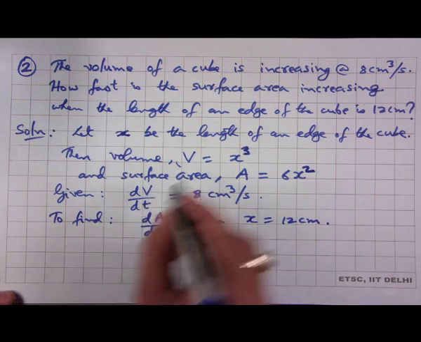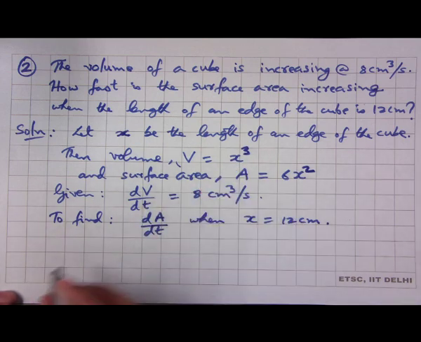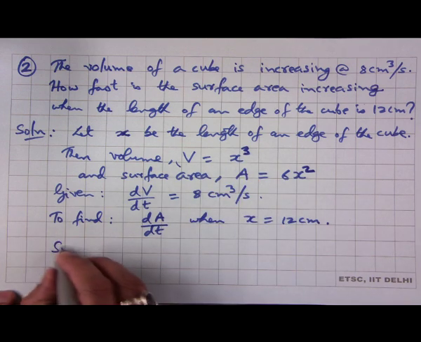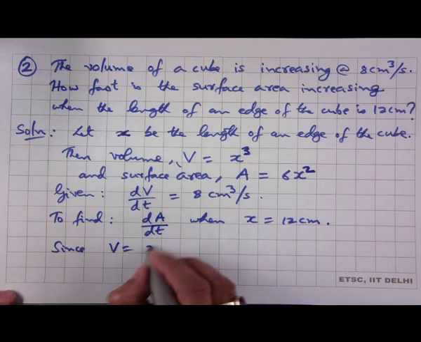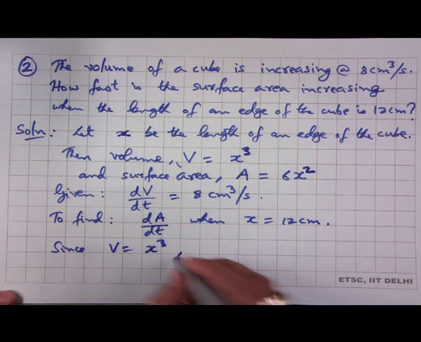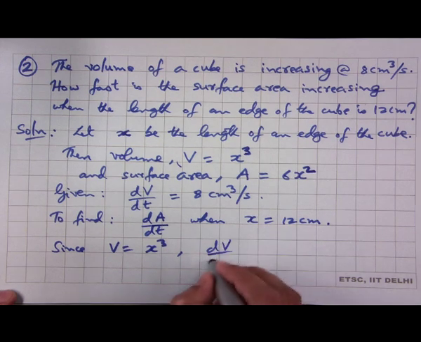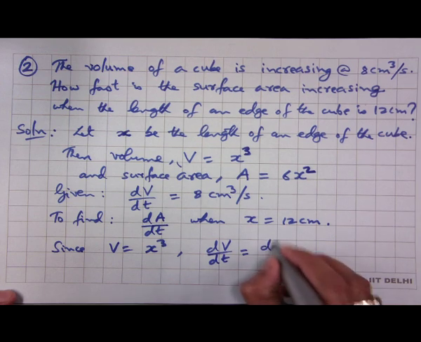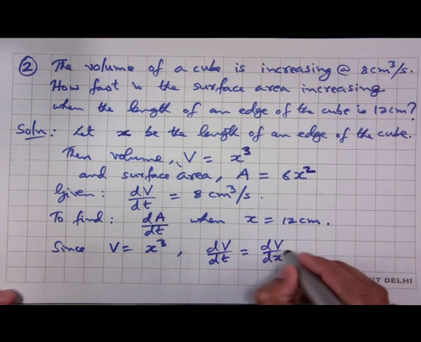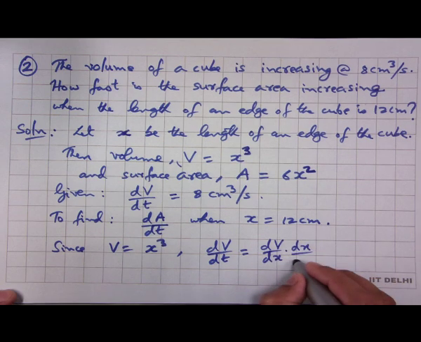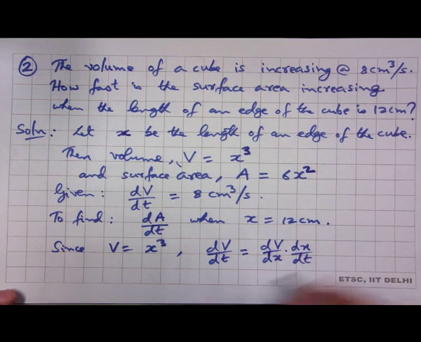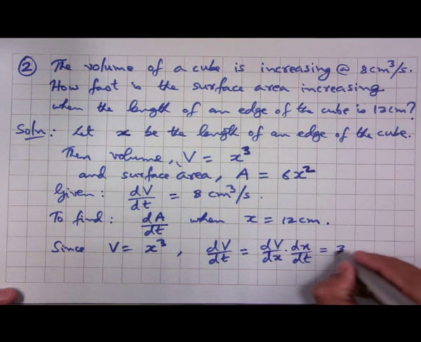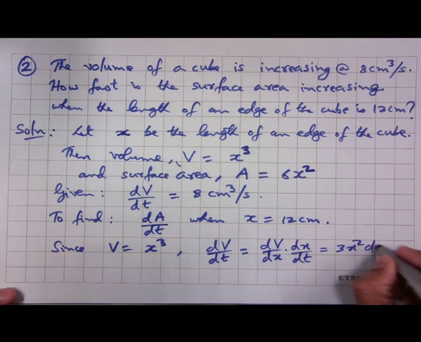So, if you look at this expression V equal to x cube, dV/dt will be equal to dV/dx times dx/dt, this is by chain rule, and dV/dx is 3 x square times dx/dt.